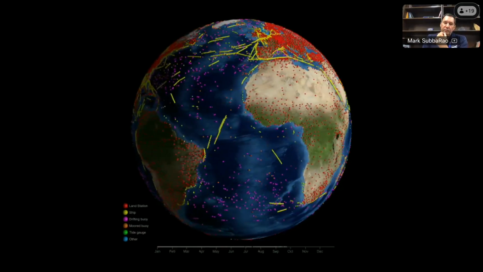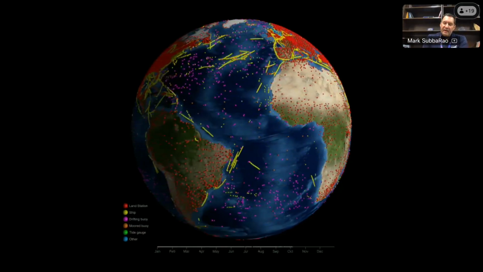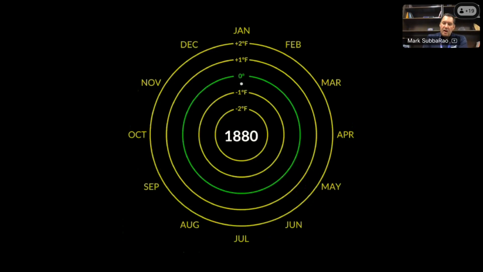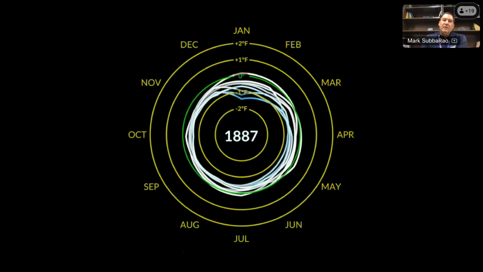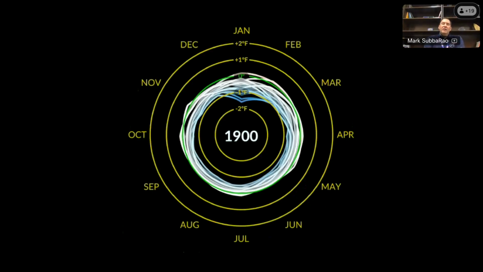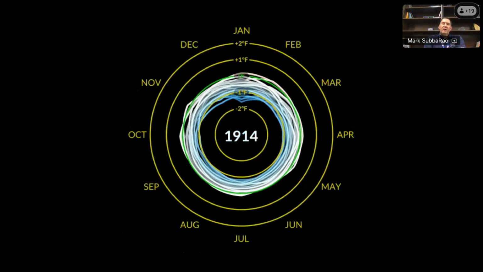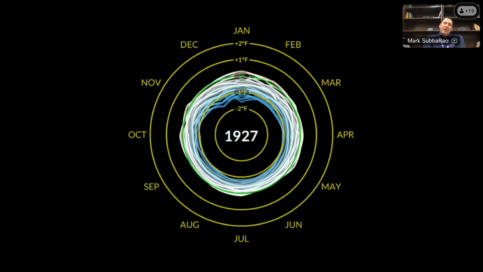Now, we try to present data in a number of different ways. This is another representation. You had the map, which didn't play very well for whatever reason, but this is a visualization called the climate spiral, and it's trying to find a new way to present that data.